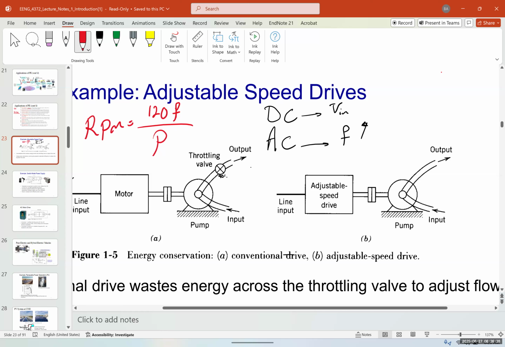And we usually show this with N as well, N as RPM. Now, for an AC motor to control the rotational speed, and therefore the amount of water we pump in this particular case, we need to control its frequency.